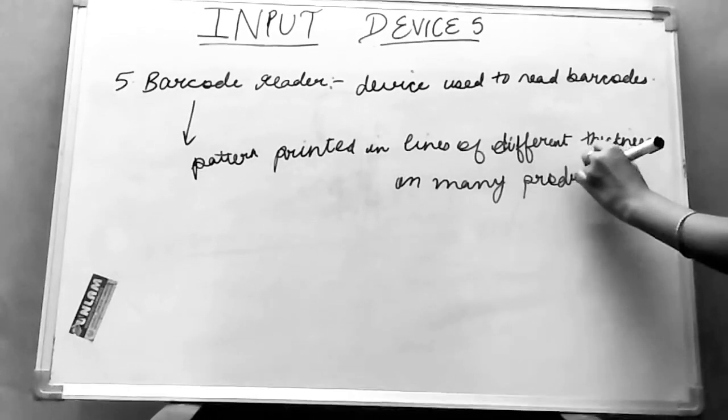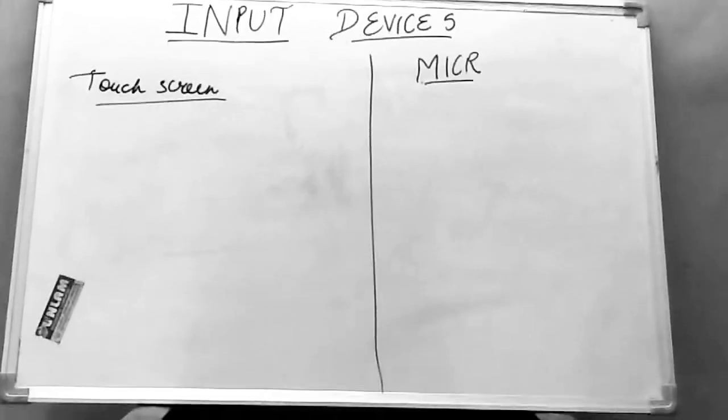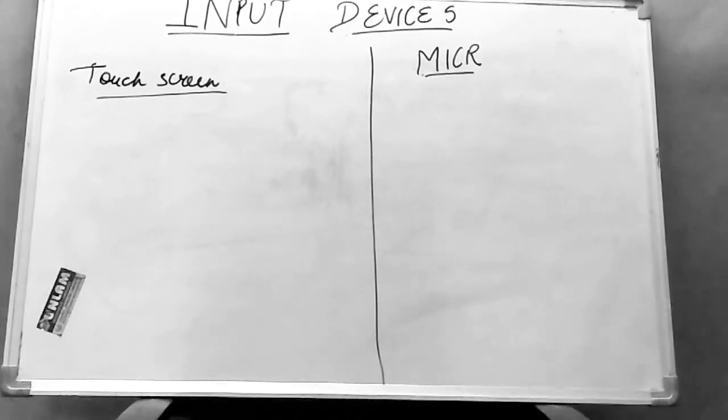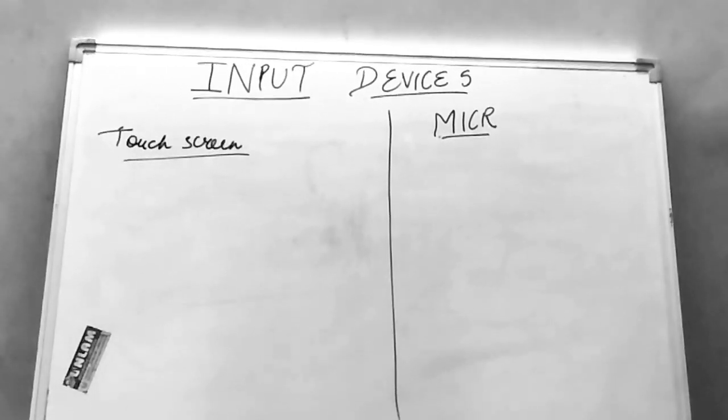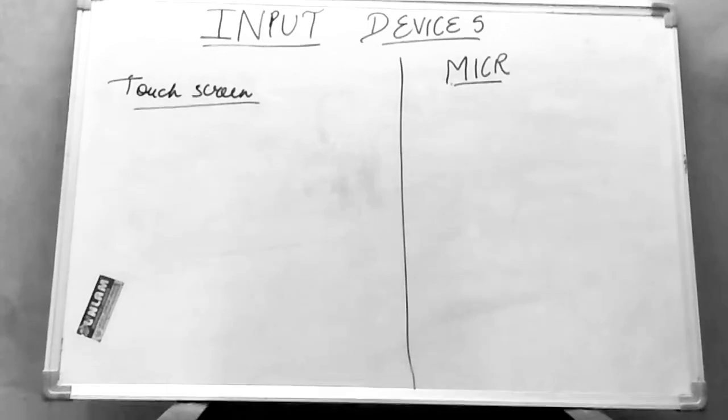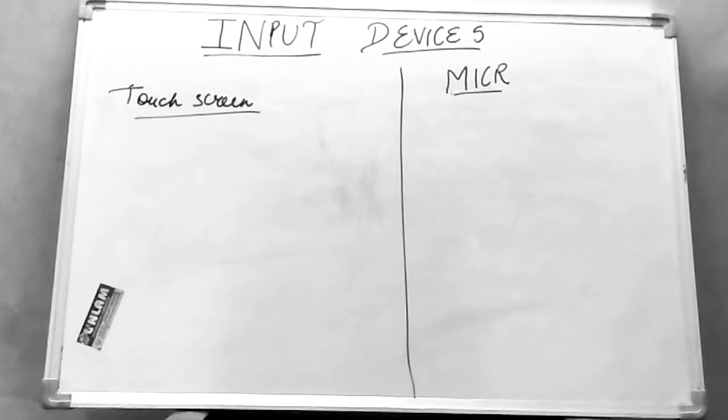So our next input device is touch screen. What is a touch screen? A touch screen is a touch sensitive computer display screen that can also act as an input device.